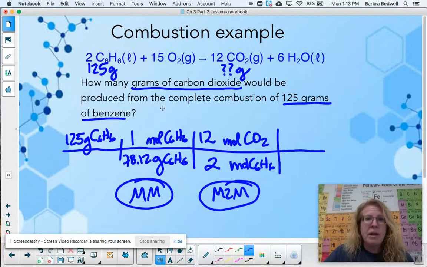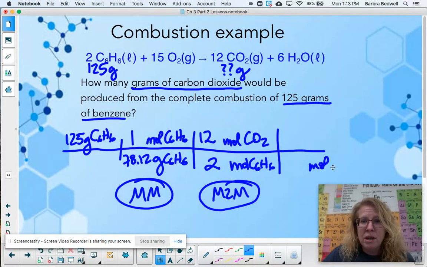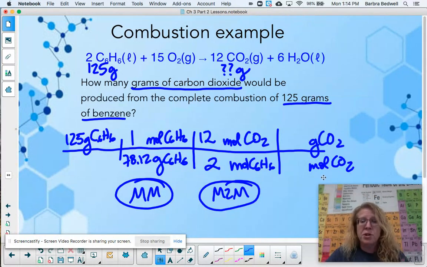Okay. Our last thing that we need to do now, because we're in moles of CO2, is we need to convert to grams, because our problem asks us for grams here. So we're not quite there yet. So I'm going to do moles of CO2 to grams of CO2. Again, when you're in moles of something, you can either convert to grams of the same chemical or moles of a different chemical. Those are your only two choices when we're doing Stoich.